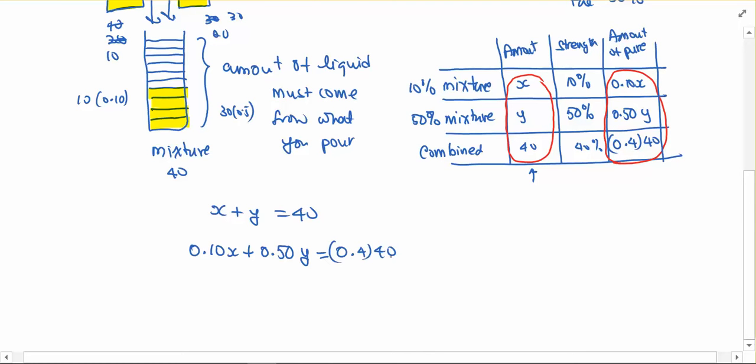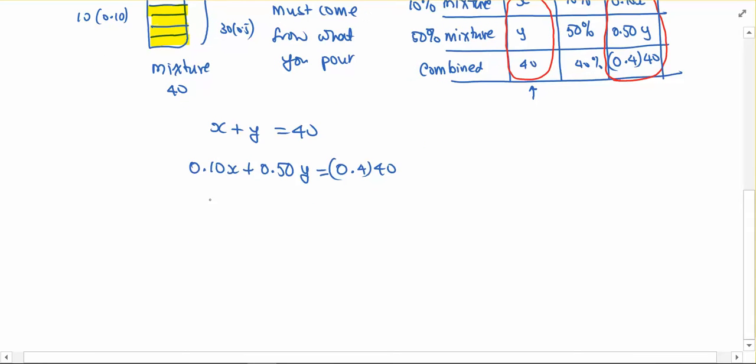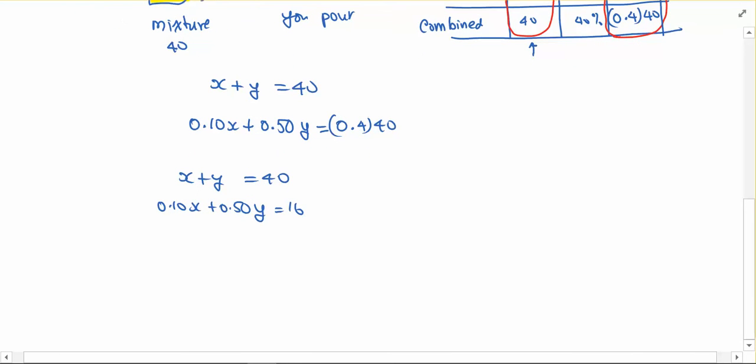Of course, 0.4 times 40 we can actually work out, and that is equal to 16. So what we have here is two equations: x plus y equals 40, and 0.1x plus 0.5y equals 16, and we need to solve this.